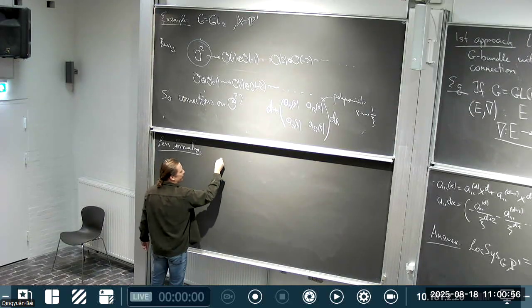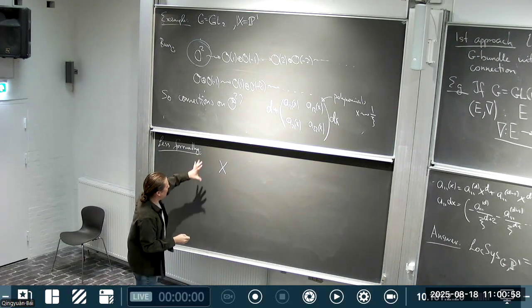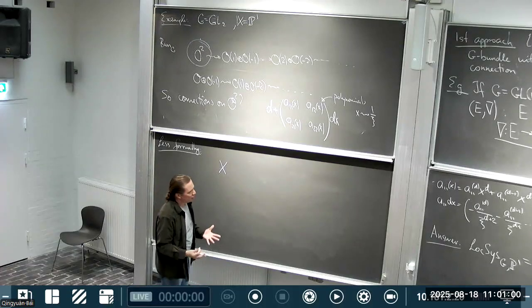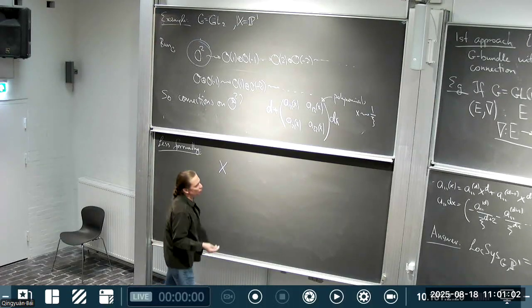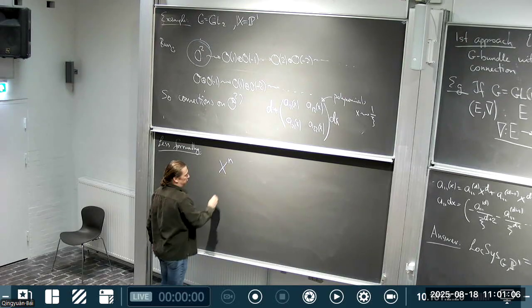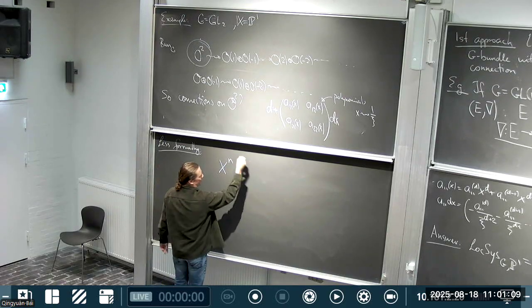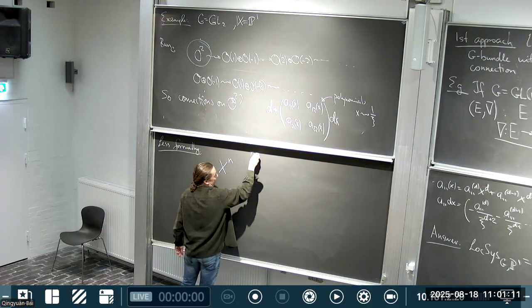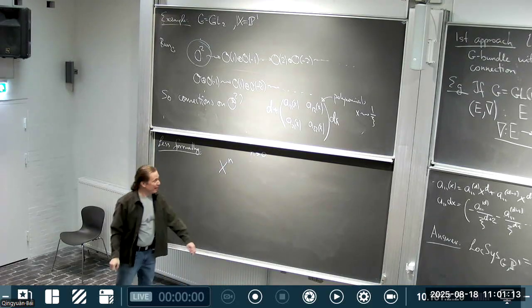I can consider various powers of X. I can try to approximate the Ran space by looking at powers of X, where n is greater than 0, because my set is non-empty.